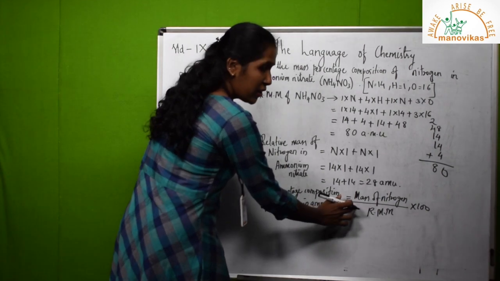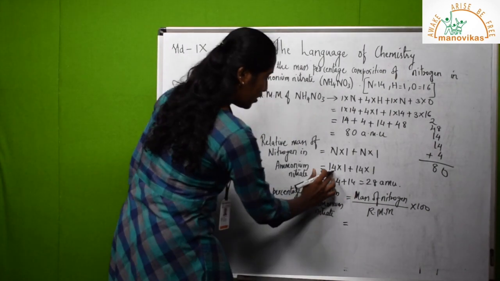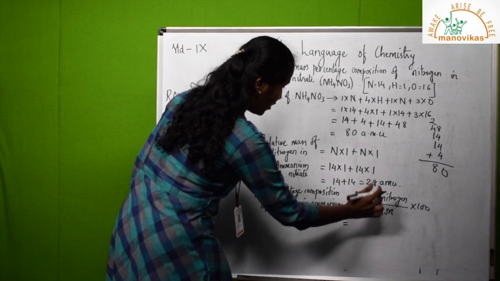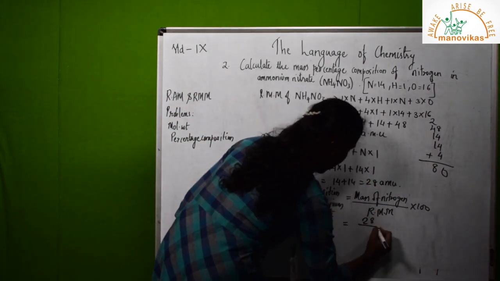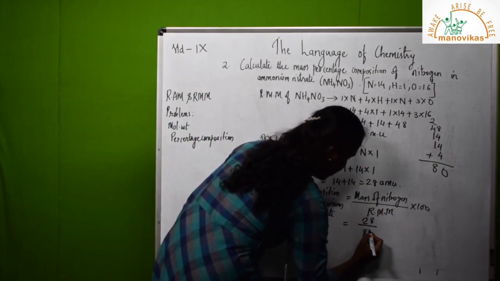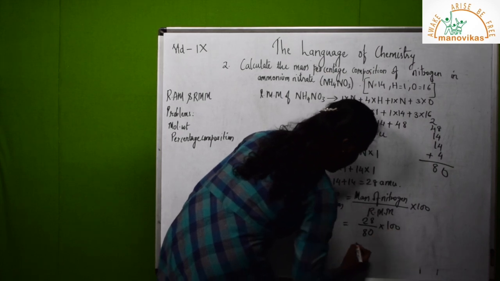You all have to write the formula. So here the mass of nitrogen is 28 upon 80 into 100.